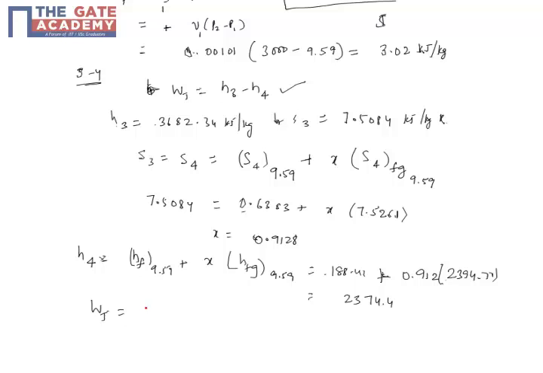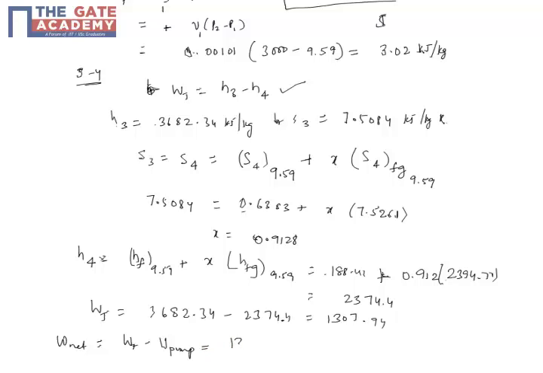Now we use this expression to get the turbine work. H3 minus H4 is 3682.34 minus 2374.4, which comes to about 1307.94. The net work is the turbine work minus the pump work, because some portion of the turbine work goes to the pump.